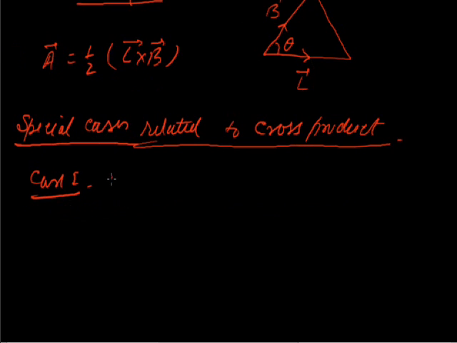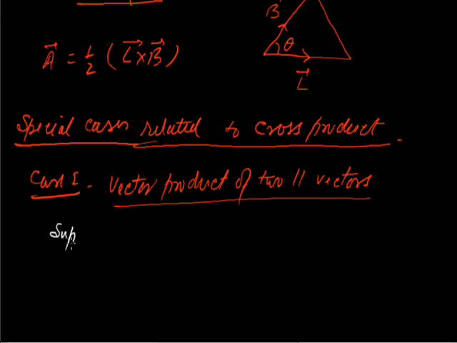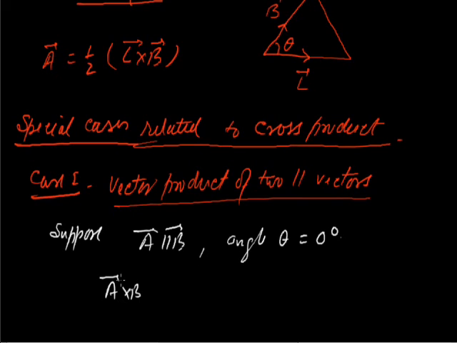Case 1, vector product of two parallel vectors. Suppose A is parallel to B, then the angle between them, theta, is 0 degrees. Because A cross B is AB sine of theta, that's sine of 0 degrees, and sine 0 is 0.